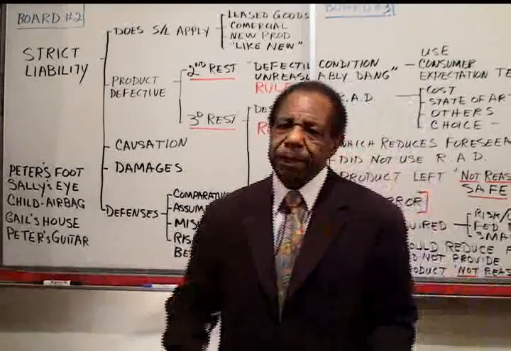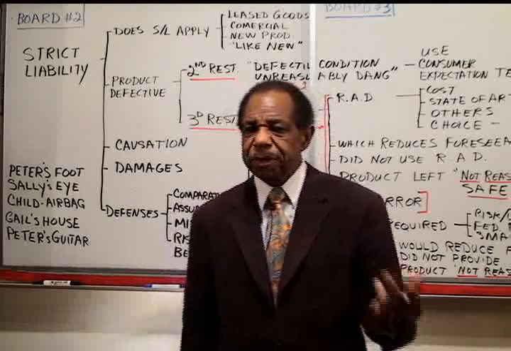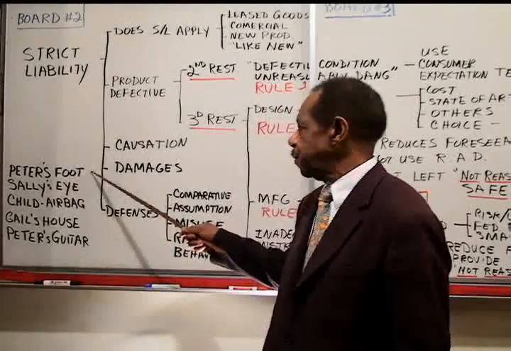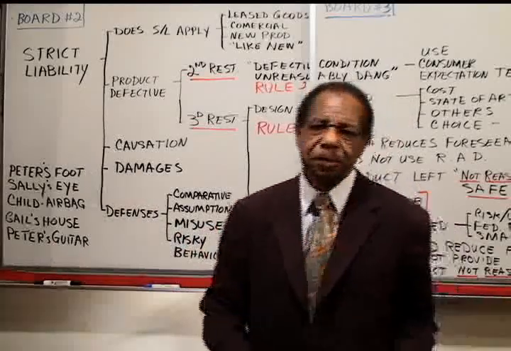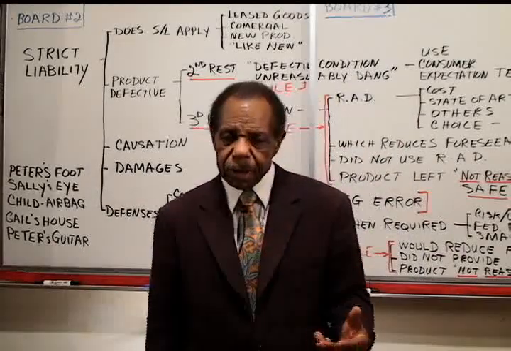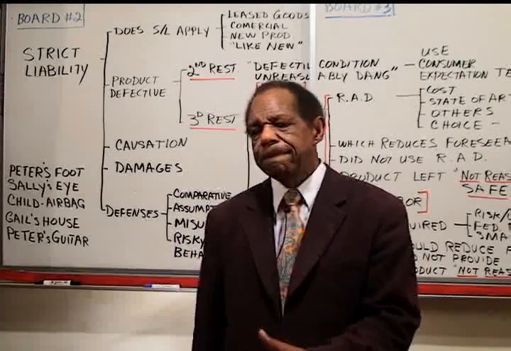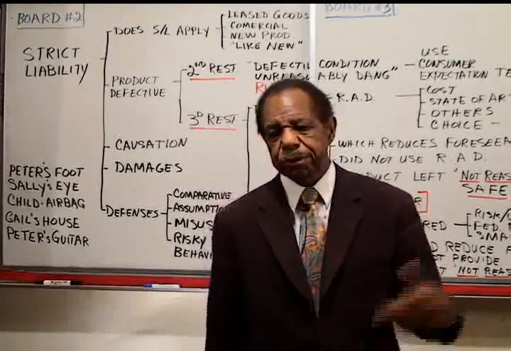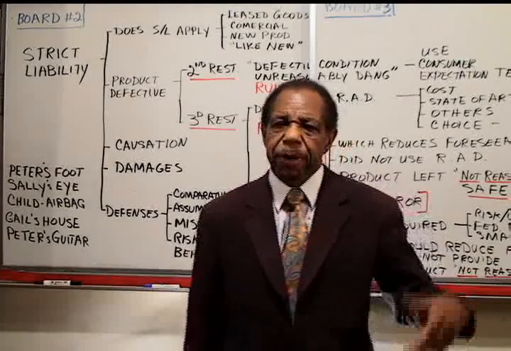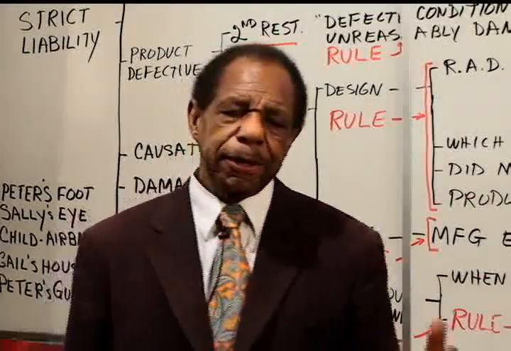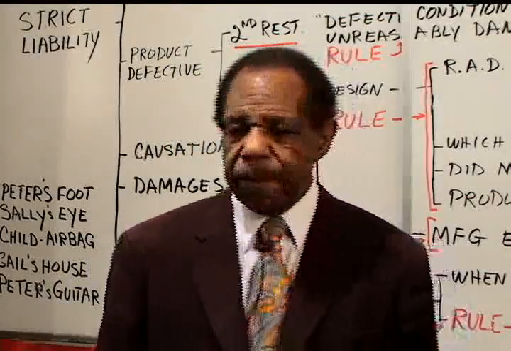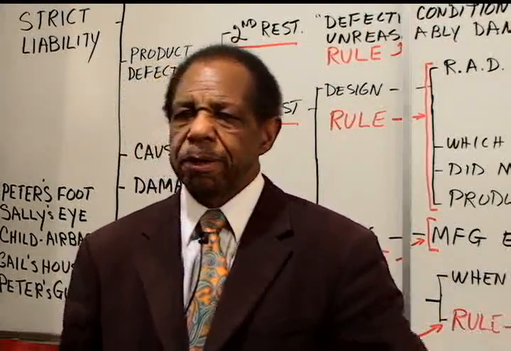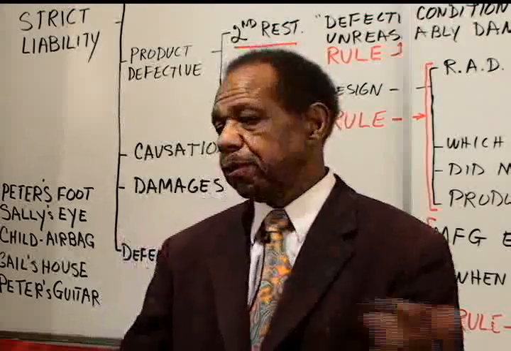Our final case is the case of Peter. Now, it turns out that Peter is also the person whose foot got cut up here, but it just happened to have the same name. It's not the same Peter. But Peter went to a car dealer, bought a car, and drove the car over to his girlfriend's house, whose name was Gail, parked it in her garage, and during the night, gasoline leaked from underneath the car, caught on fire, burned down the building, destroyed his car.